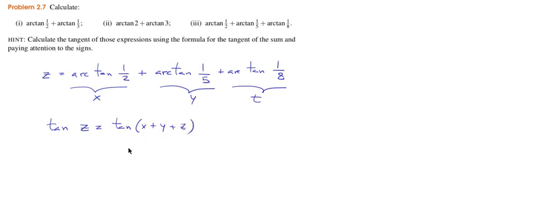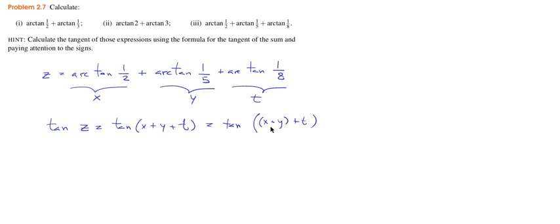But now the thing is that we don't have an expression for this, but we can derive it. So we know the expression for the tangent of x plus y. Sorry, this is not z, this is t. We're going to make this not very clever trick. This is just a trick.